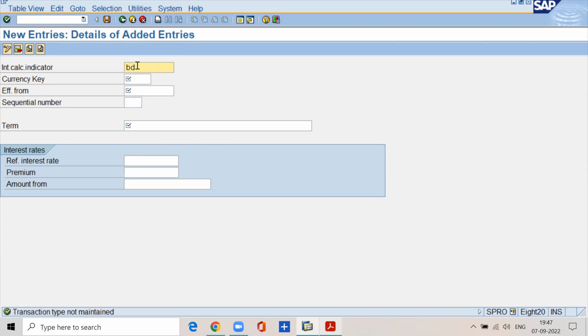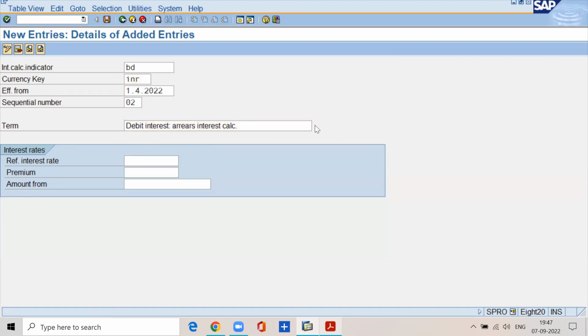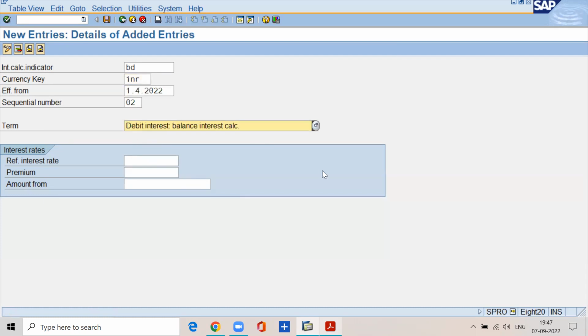Interest calculation indicator is equal to BD. Currency INR. Effective from 1/4/2022. Sequential number 02. Term is equal to debit interest, balance interest calculation.